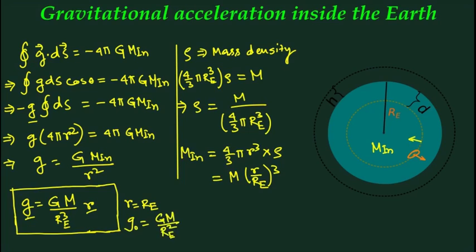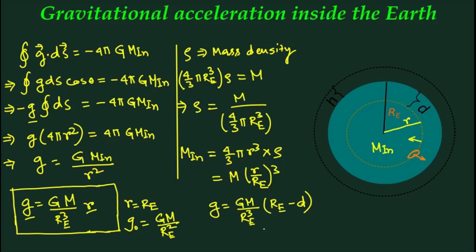If we express g in terms of the depth d, then g will be G M by RE cube into RE minus d, because this radius r is RE minus the depth d.